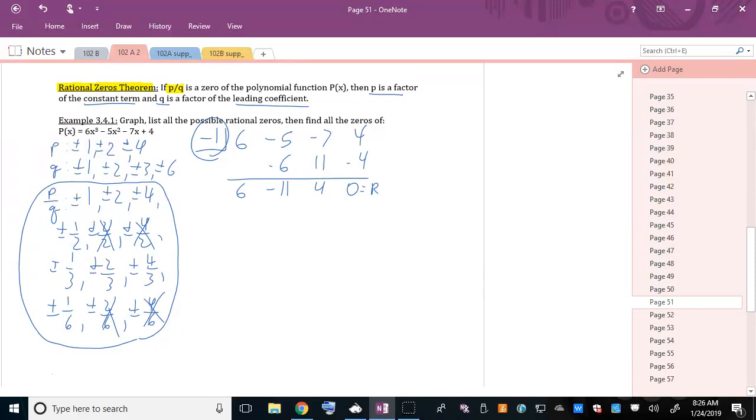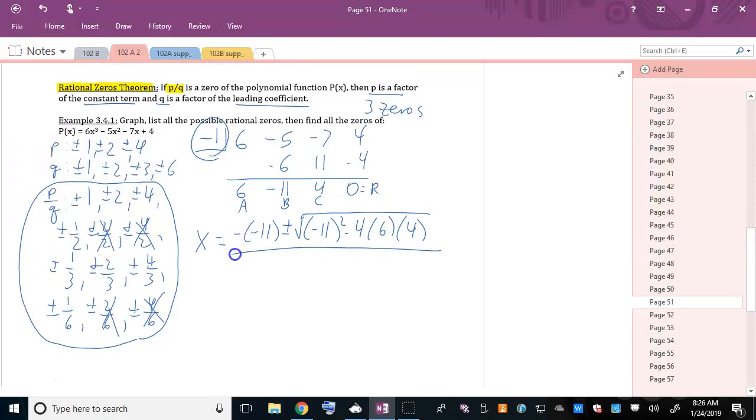And to get my 2 remaining zeros, because here I will have 3 zeros, it's a cubic, let's use the quadratic, where here's my a, b, and c. So I've got -b plus or minus the square root of b squared minus 4 times a times c, all over 2 times a.